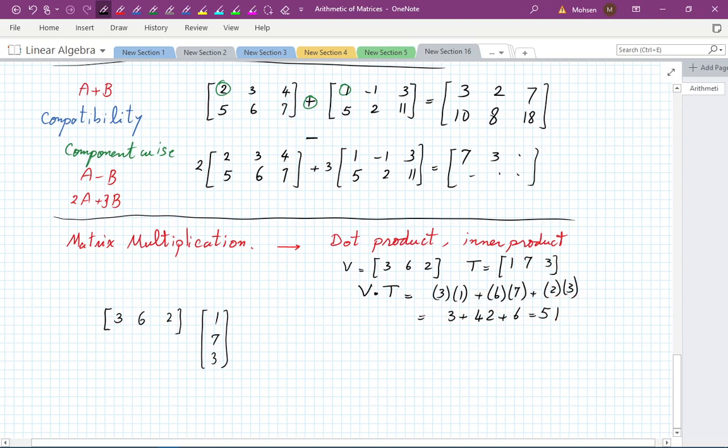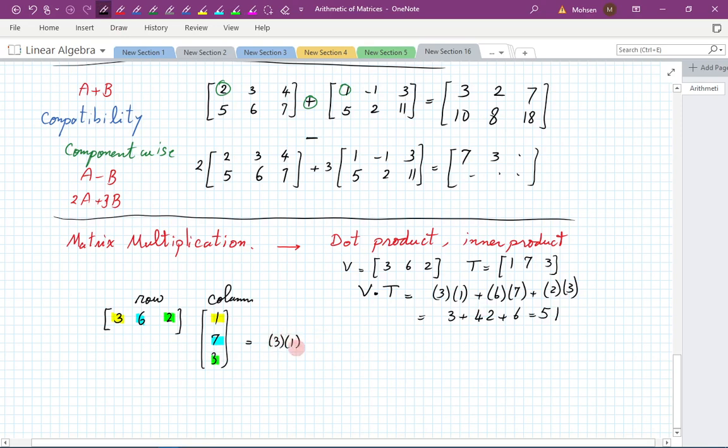So that's a dot product. When you want to do matrix multiplication, your first vector has to be written as a row, and the second vector has to be written as a column, and the idea is the same as here. That is, the first with the first, second with the second, third with the third. Then they have to be multiplied just like here.